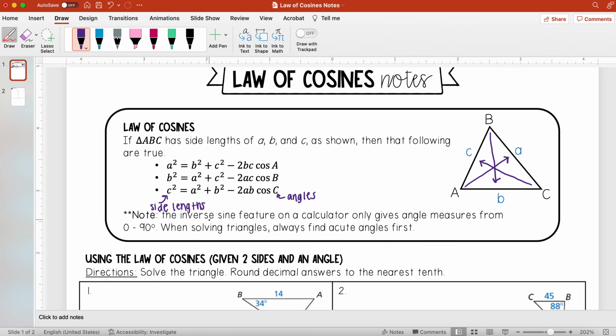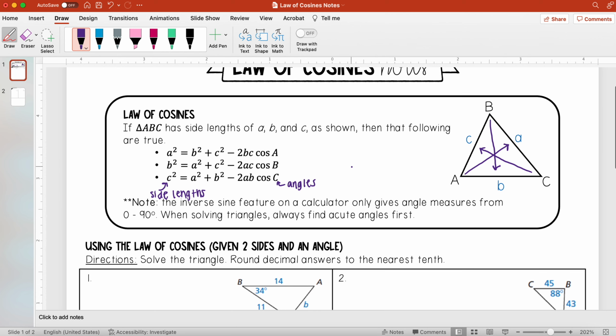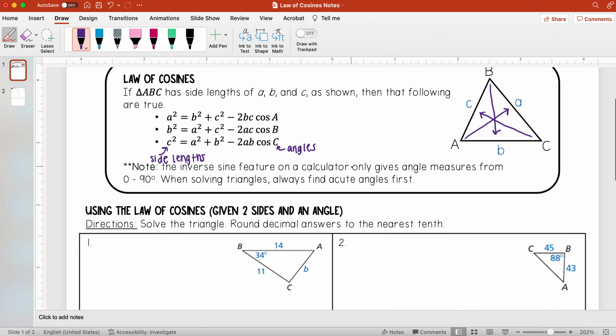Something to note is that the inverse sine feature on a calculator only gives angle measures from 0 to 90 degrees. So when solving triangles, always find acute angles first, just like what we talked about before.